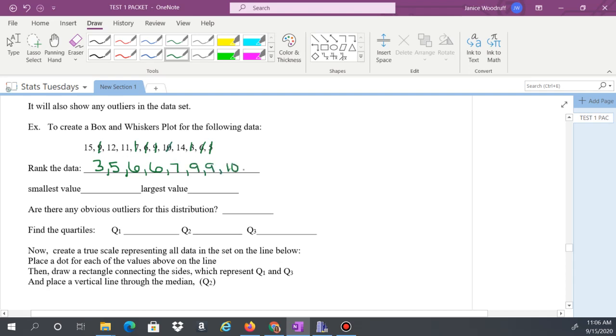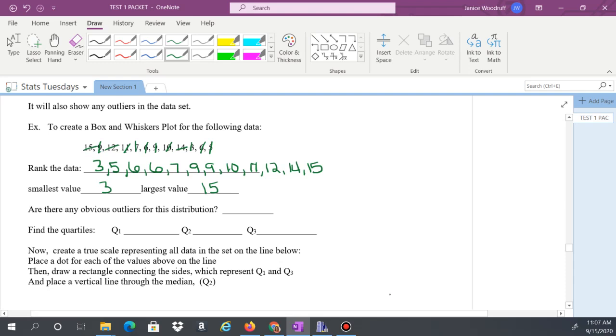You have a 10, an 11, 12, 14, and 15. All right, smallest value is 3, largest 15.